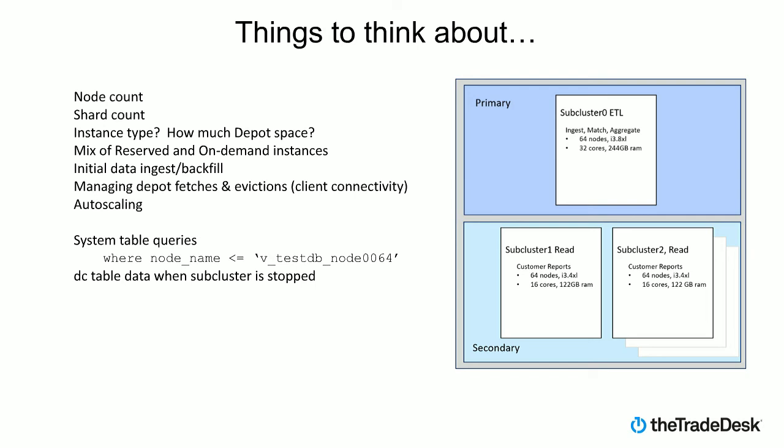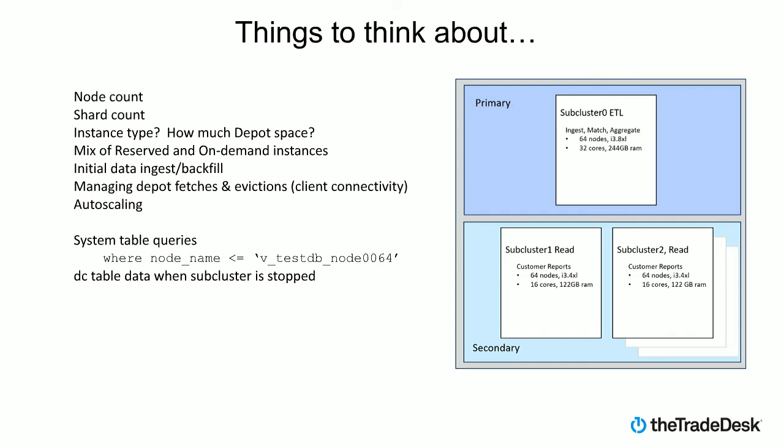So we get cost savings on figuring out what we're going to run and keep running. And it's the read subclusters that are, for the most part, on demand. One of our read subclusters is actually on 24/7, because we keep it up for ad hoc queries or analyst queries that we don't know when exactly they're going to hit, and they want to be able to continue working whenever they want to.